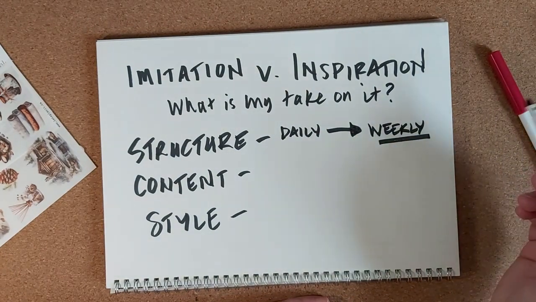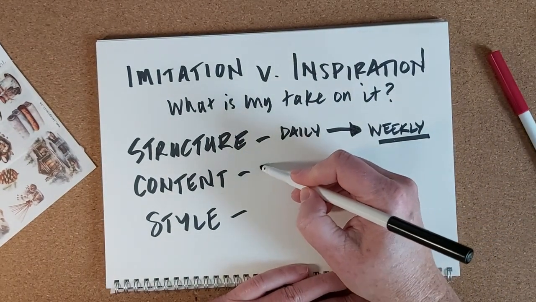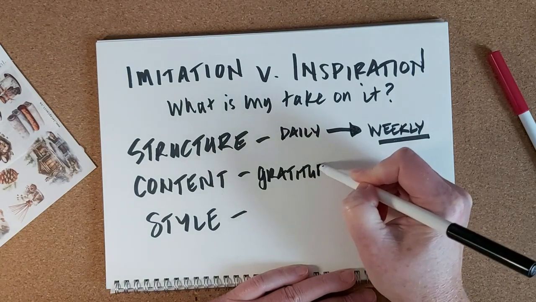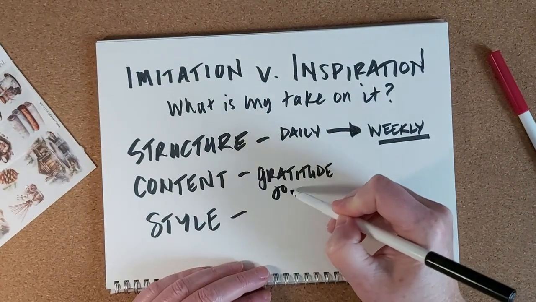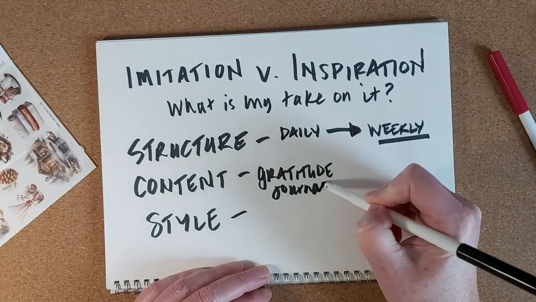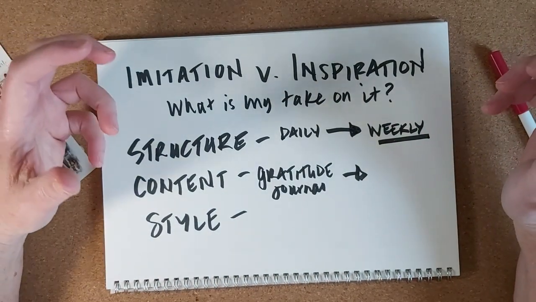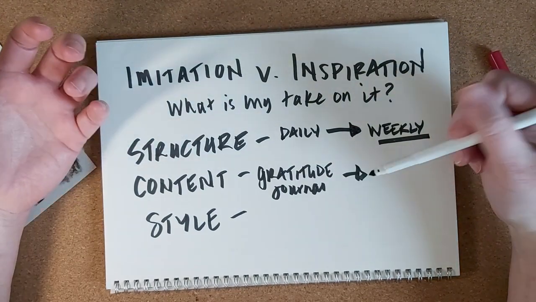The next one is content. So you see a lot of people talking about gratitude, and they maybe journal about it. And that's not your thing, but you love the way it shows up in their planners.